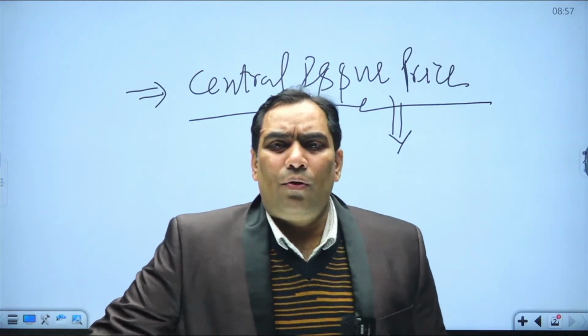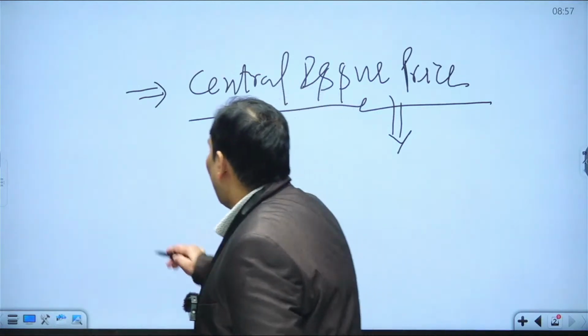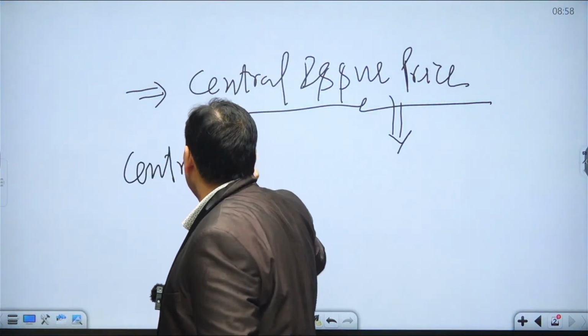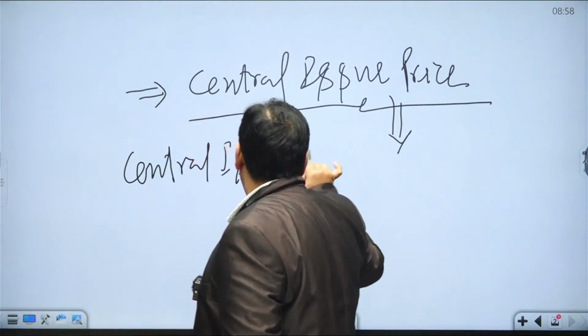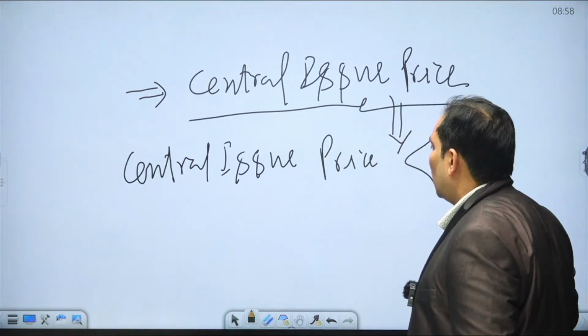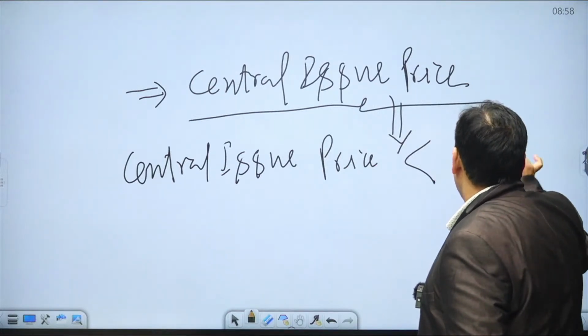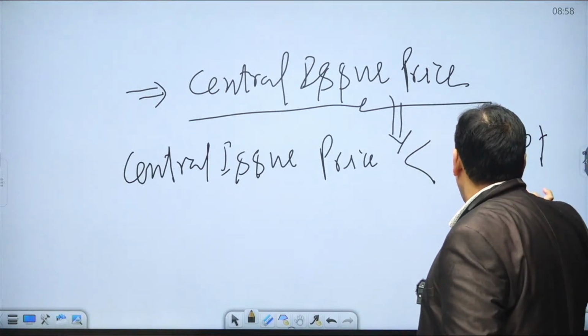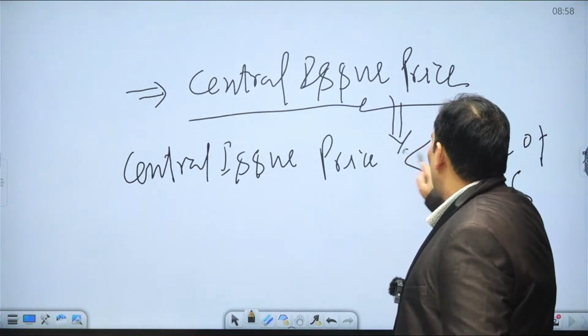So let me know, can the central issue price be more than the prices of PDS? Prices of PDS? Can it be? Sorry.